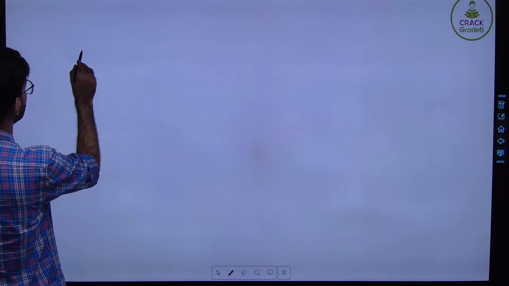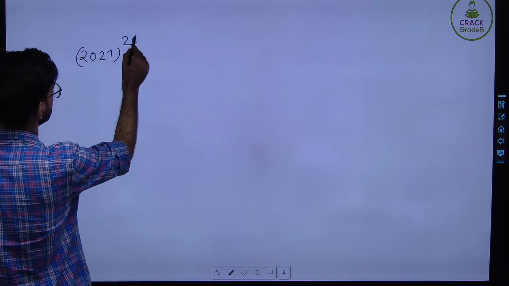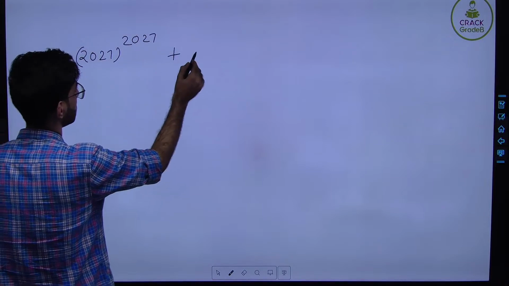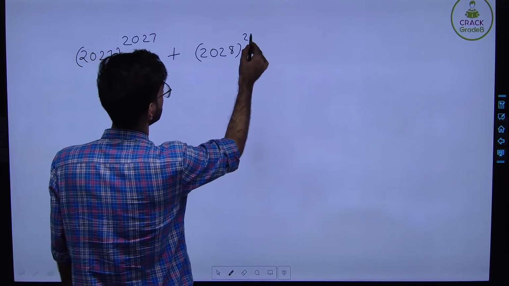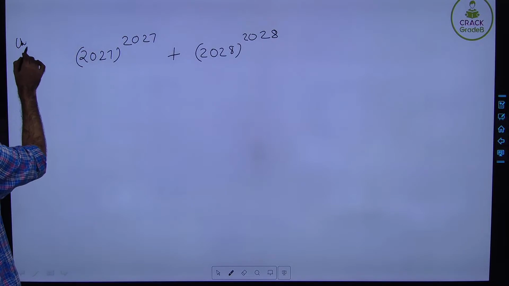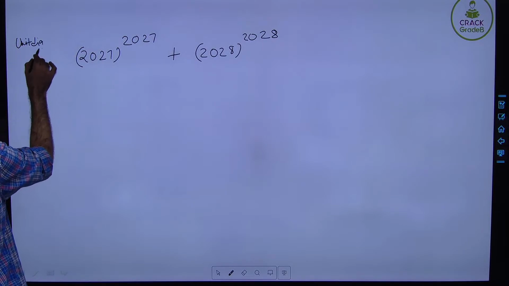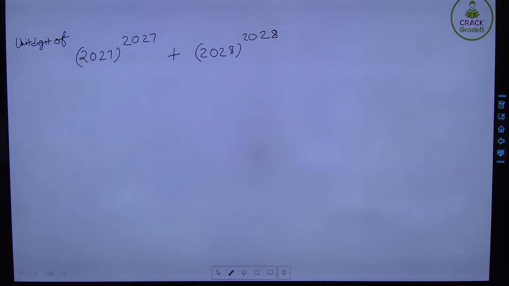Now if I ask you what is the unit digit of 2027 to the power 2027 plus 2008 to the power 2028.